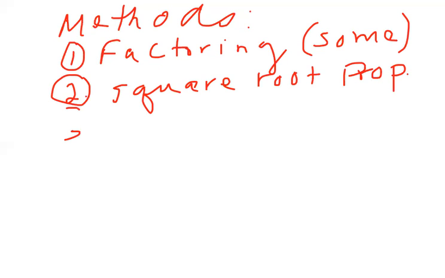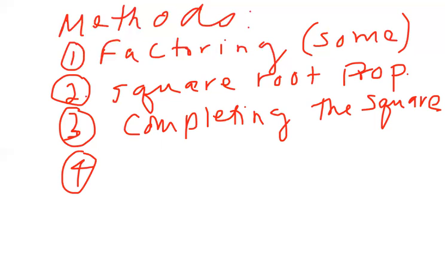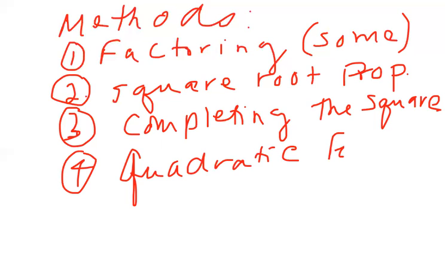You've got completing the square for number three. Now, I am going to be talking about completing the square, but I am not going to emphasize it. I just want you to get a preview of completing the square. So if you don't completely get it, that's okay. Everybody's favorite method, of course, is the quadratic formula, which we'll discuss in detail.